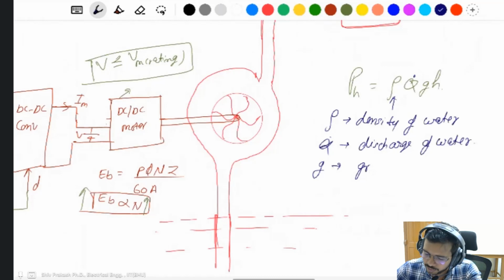This is gravitational acceleration, 9.8 meter per second square.